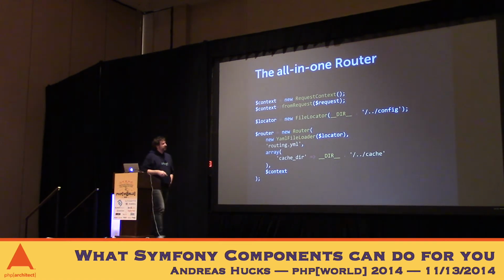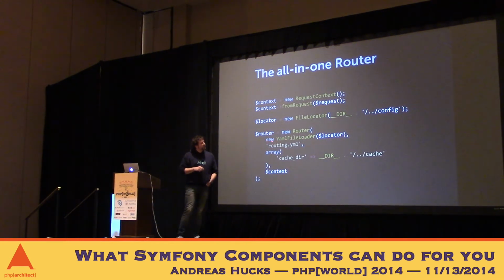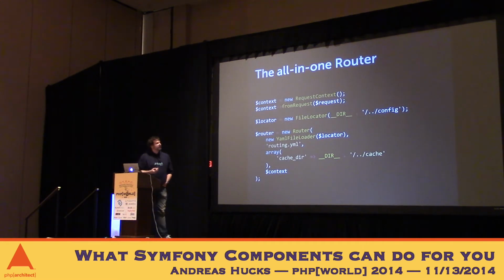We'll see that in one of the next slides. But it also gives you the ability to register, to hand over, again, a loader. In this case, it's a YAML file loader. So you will be able to define your routes in a configuration file instead of in code, which is more readable, of course.